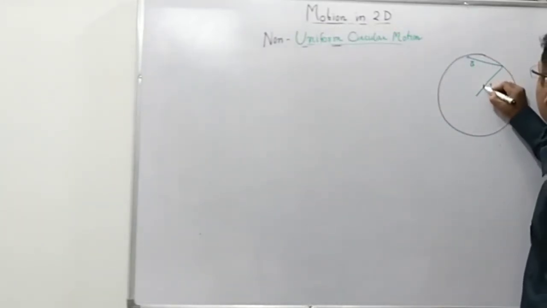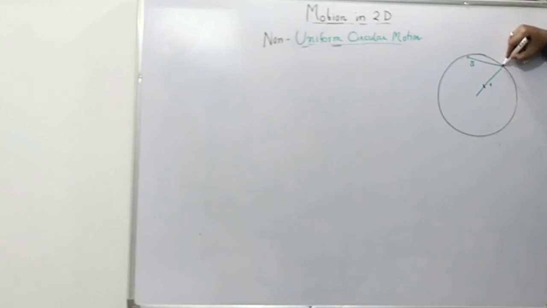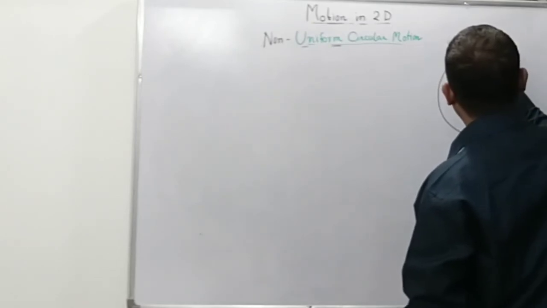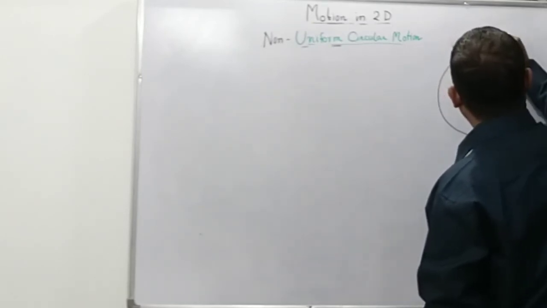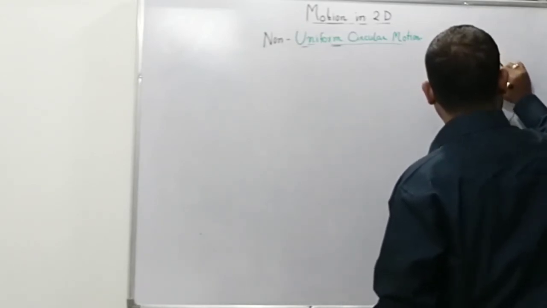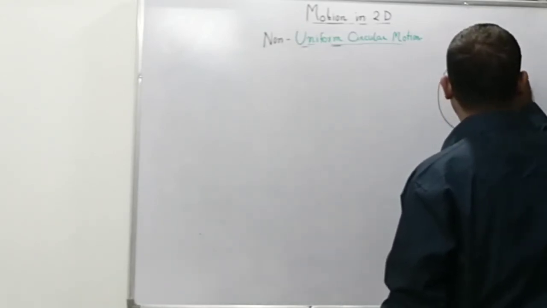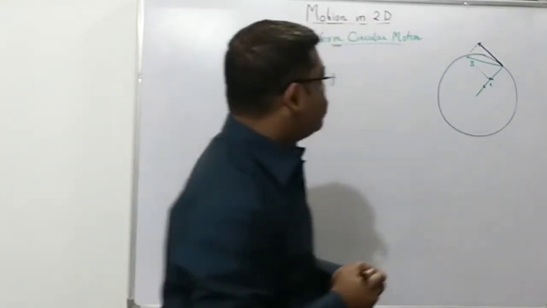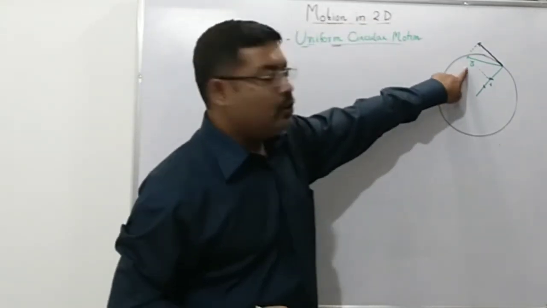One is along the radius and the other is perpendicular to the radius, or along the tangent, right? So to be rectangular, this line should reach here and this will be here. So we can always resolve this vector into two components.